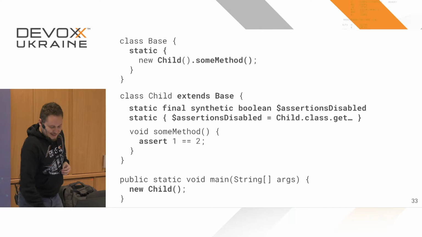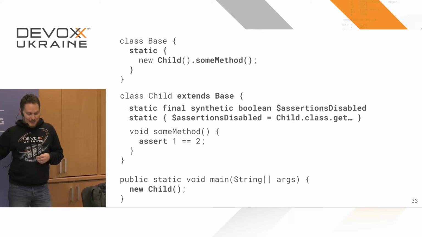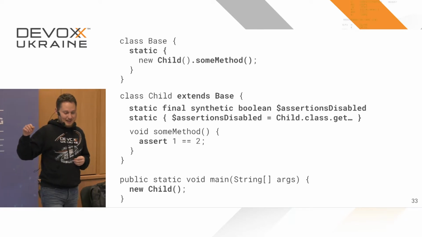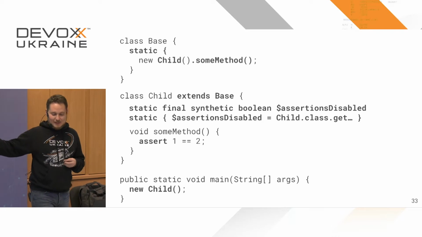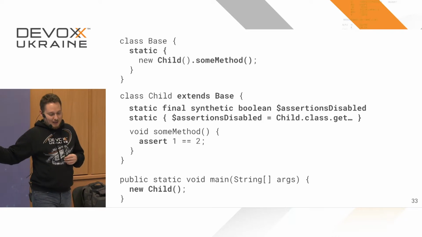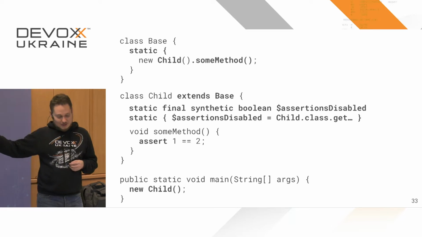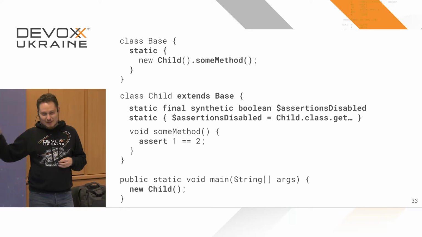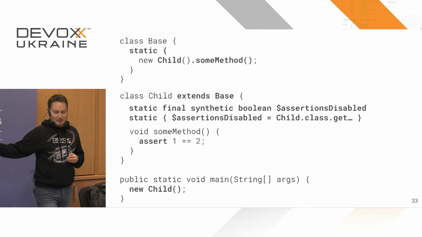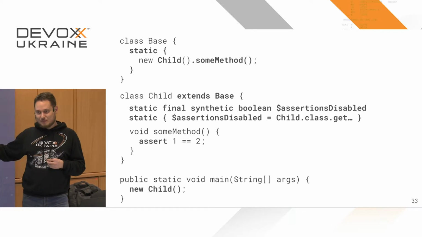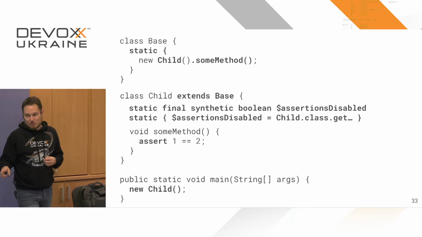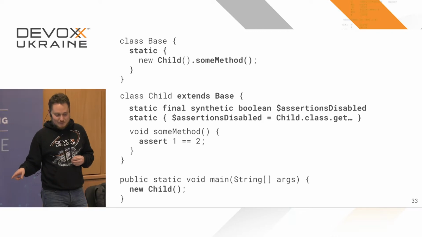Exactly. So, remember how assertions are implemented. It's a synthetic Boolean field, which is initialized in a static initializer of a class. So the request to runtime happens at a static initializer. Default value for Booleans is false.